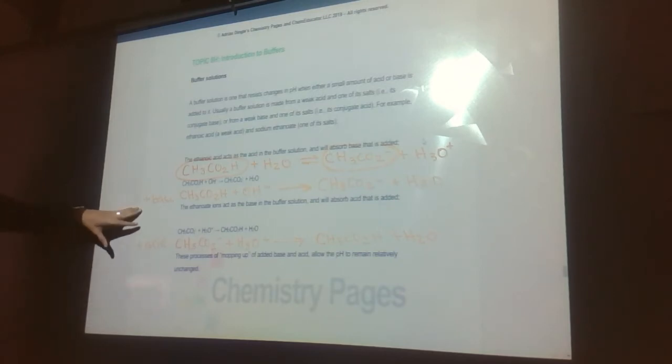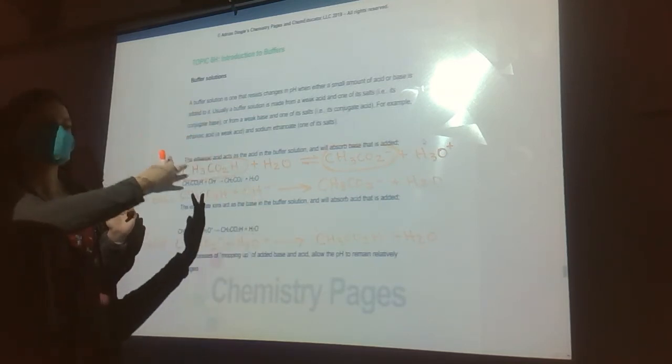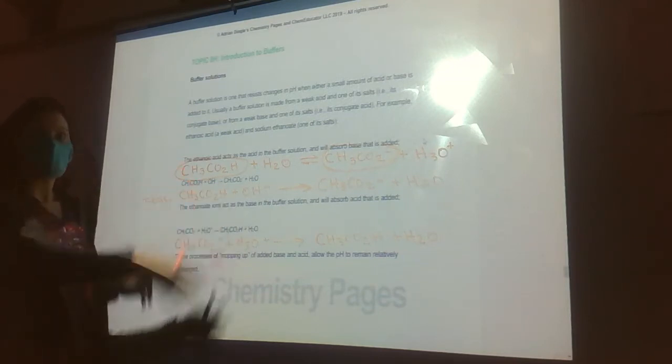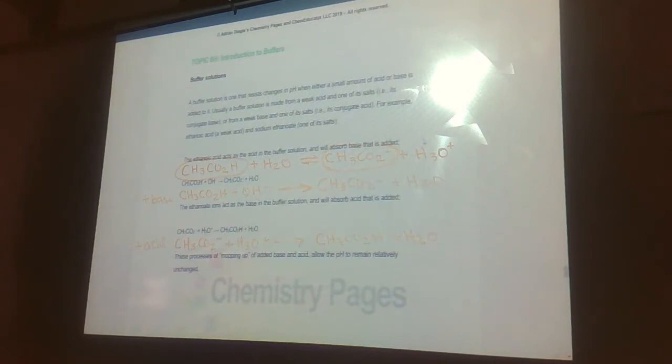Okay, so this is called mopping up, which is not really a scientific term, but you add base, the weak acid mops it up, and minimizes changes in pH. The same solution, you can add acid, the salt mops it up, and minimizes changes in pH.